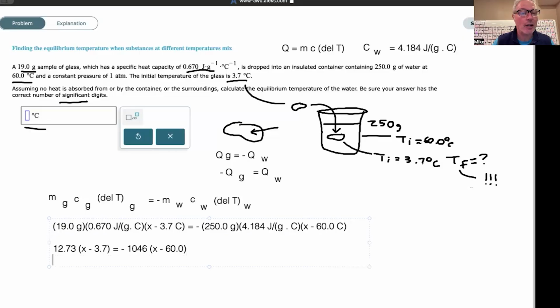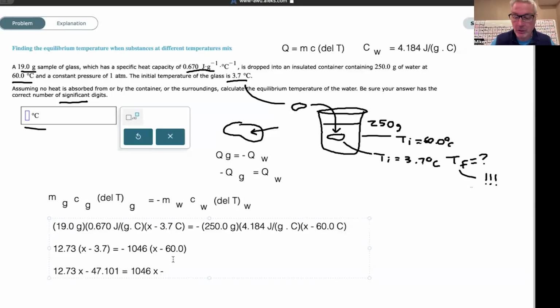Sound like a math teacher now, all right? So 12.73x minus 12.73 times 3.7, 47.101. I'm going to keep all the digits I can until the end, all right? 47.101 equals negative 1046x minus, okay, look what I did.